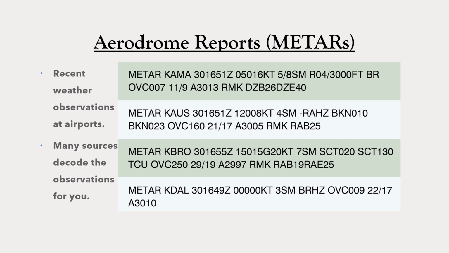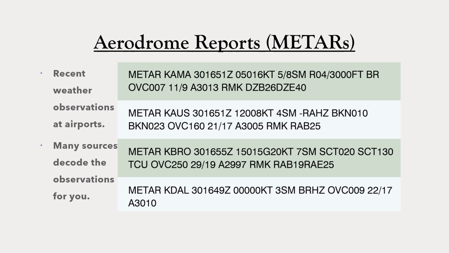So if you know the current time, you can get a feel for how old this observation is. Occasionally the word auto will appear after the time. That means that was an automated weather observation as opposed to one where a human was involved.